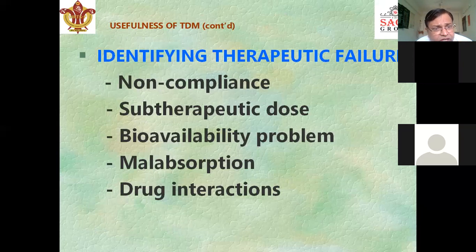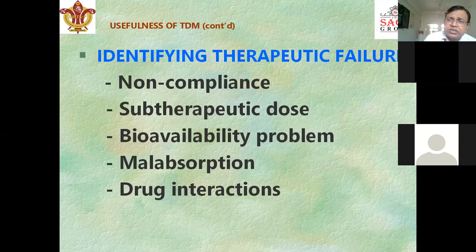Identify therapeutic failure, like non-compliance, or if the drug is not required for that particular patient, we can see that by TDM. Subtherapeutic dose, bioavailability problem, malabsorption, drug interaction, etc. These points we can consider by using therapeutic drug monitoring.